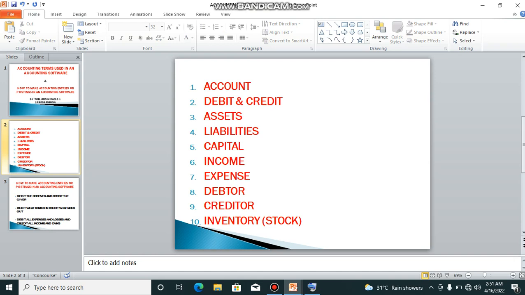For debit and credit, the terms just refer to additions or subtractions from an account. For those of you who don't have an accounting background, debit is an accounting term that means to owe, and it is used to describe a payment.